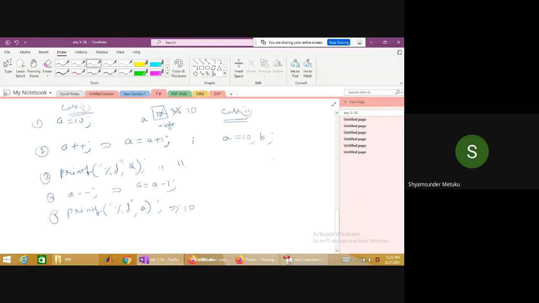So it is something like int A equal to 10, B. Then I'm using B is equal to A++. Try to print percentage d, space or tab. Tab means 5 spaces. Again, one more percentage d, backslash n, A comma B. Can you tell me what is the output now?